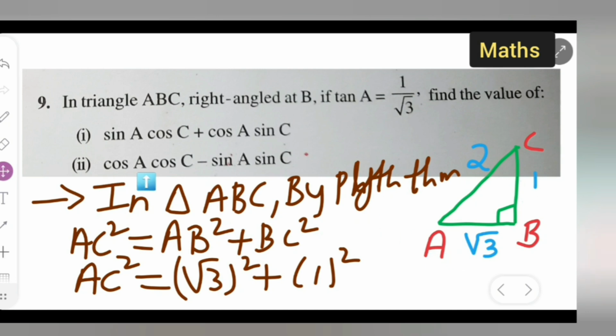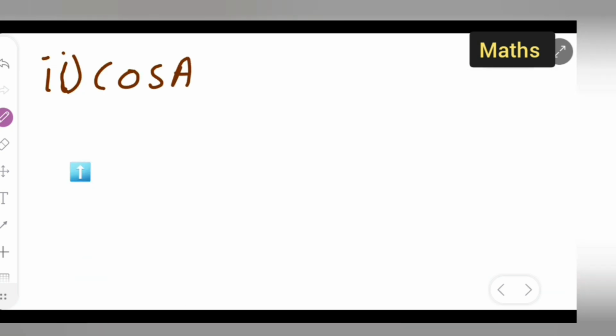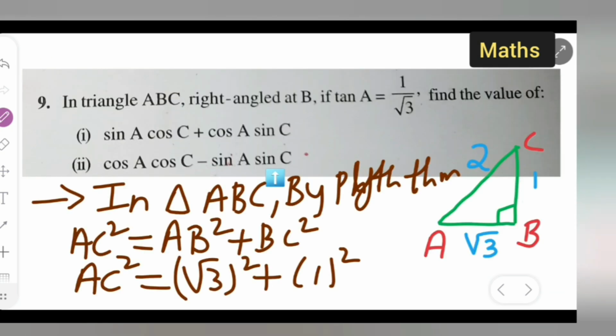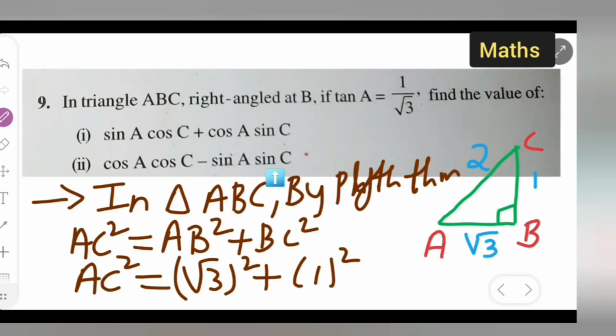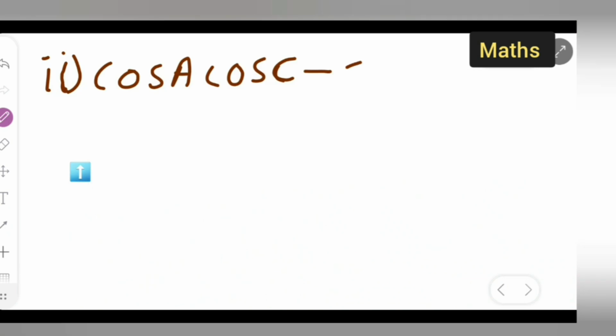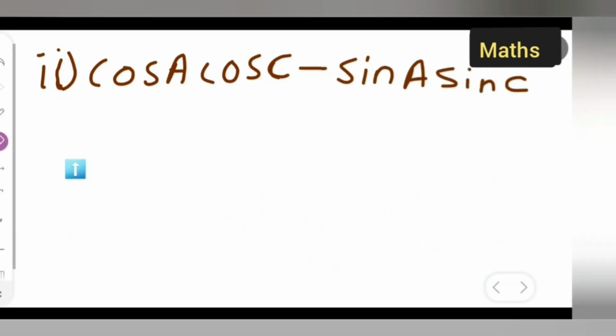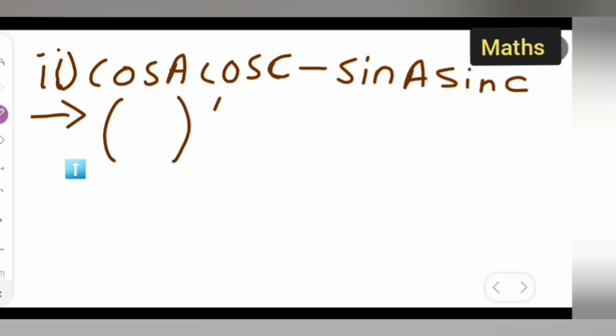Let us find out cos A cos C minus sin A sin C. So let us find out the second part. Now what is cos A cos C minus sin A sin C?